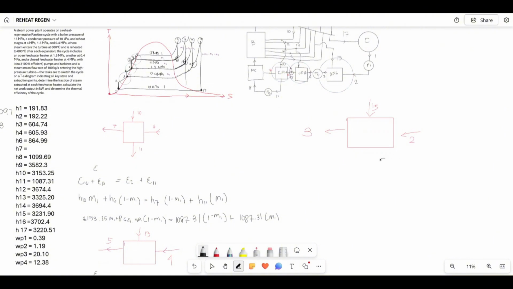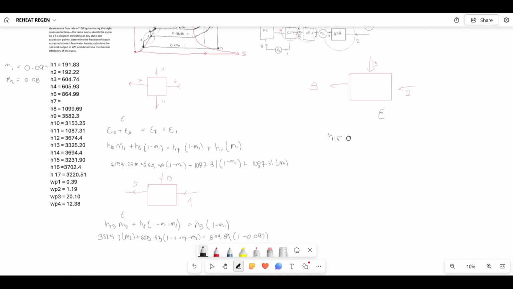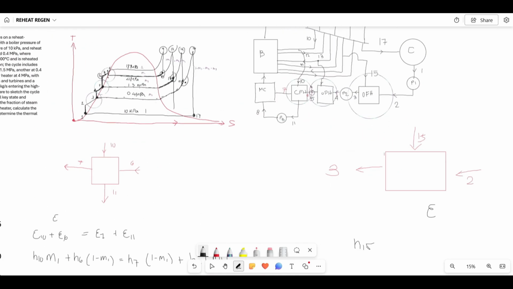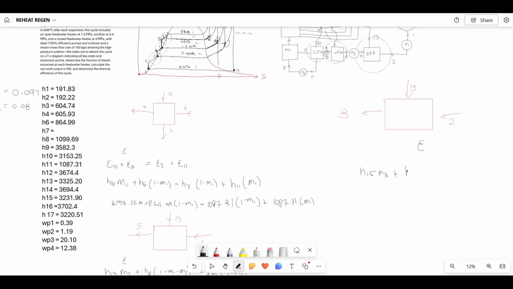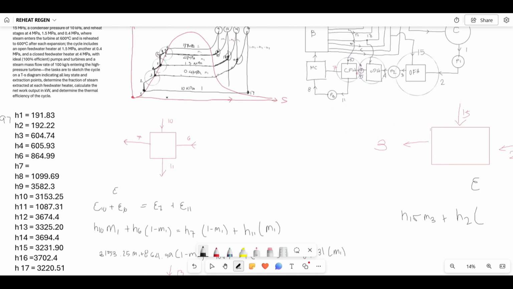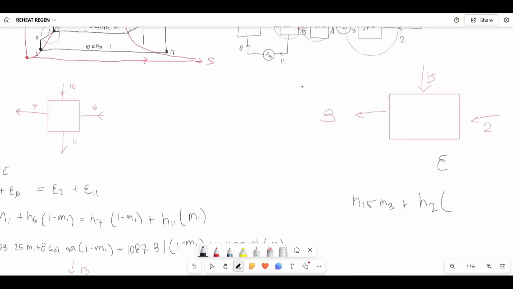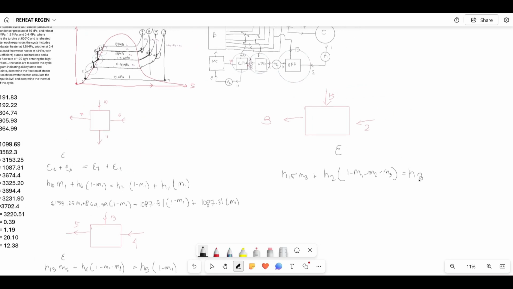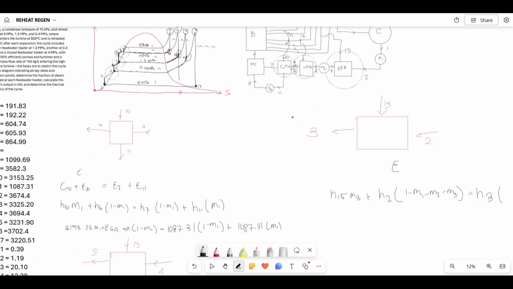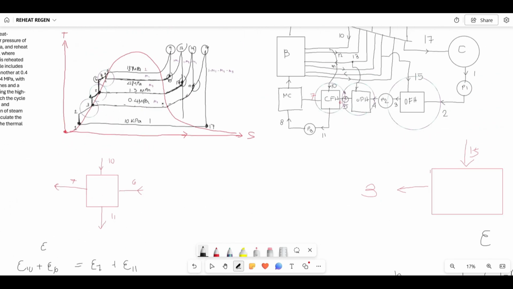So the energy balance now: H15 M3 plus, what's our input? H2. H2 is where? Here. And it's running with 1 minus mass 1 minus mass 2 minus mass 3 is equal to its exit part, which is H3.